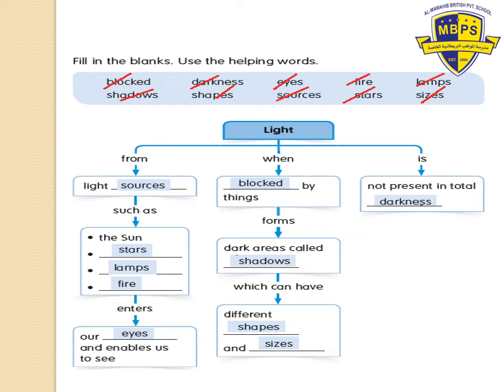I will say for these dark areas, shadows, which can have different shapes and different size. And if I don't have any light, no light, that means totally dark or darkness. Very good, grade 1. Please write all the words with a nice handwriting.